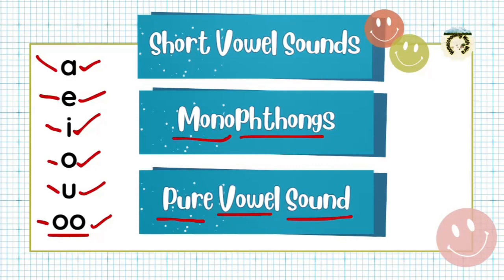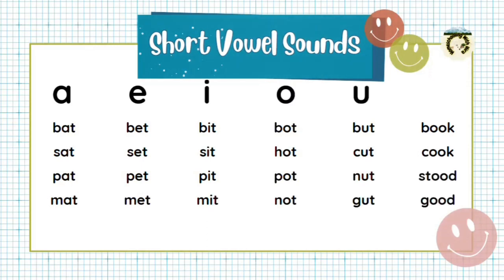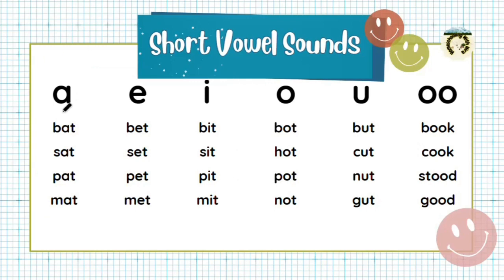Now we know that these are the short vowel sounds. So let's see some examples and listen to the sounds when they are in words. I have tried to keep the consonant constant in these 3 categories of vowels, so you can focus only on the vowel sound and how the pronunciation is changing, right? So the first one is bat, then bet, and next is bit.